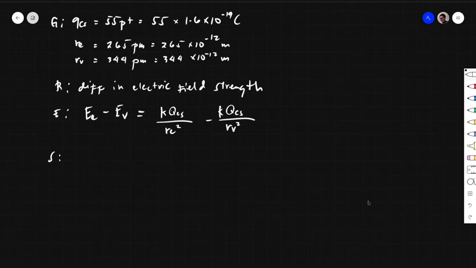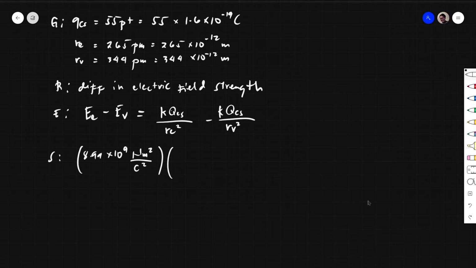So this will be, what's K? 8.99 times 10 raised to 9 newton meter squared per coulomb squared. I hope you have memorized this constant already.